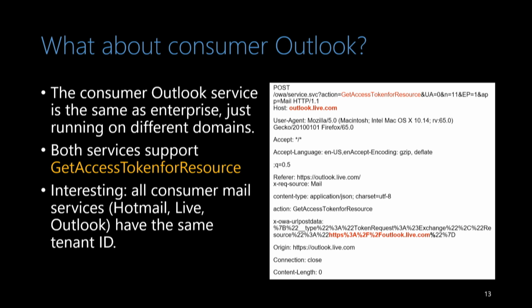I also learned something interesting after comparing two unsigned JSON Web Tokens from two of my personal test accounts: all personal Outlook accounts share the same tenant ID. So no matter whether you use live.com, outlook.com, or hotmail.com, your accounts are under the same tenant. That's wonderful, because now we don't have to modify the tenant ID.